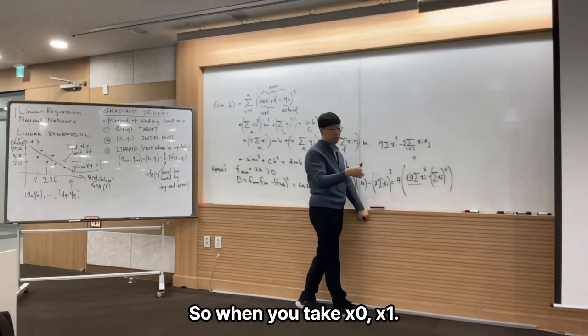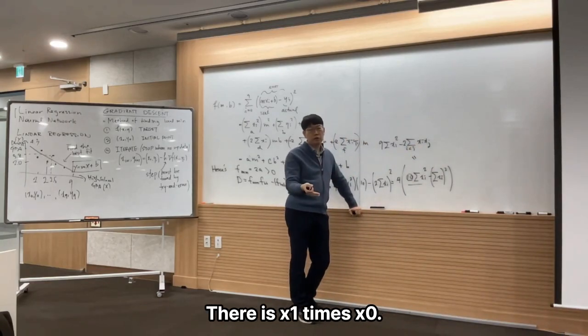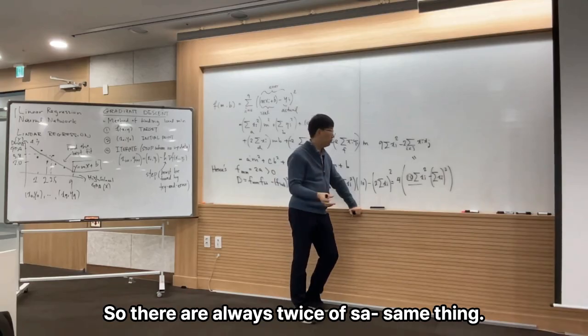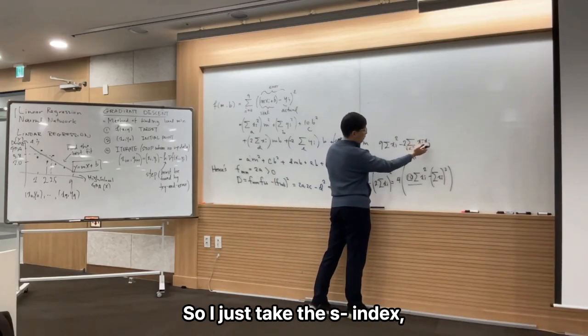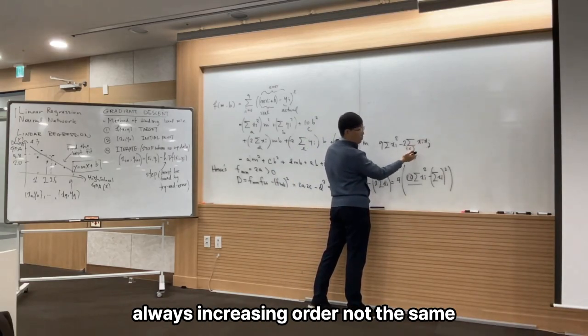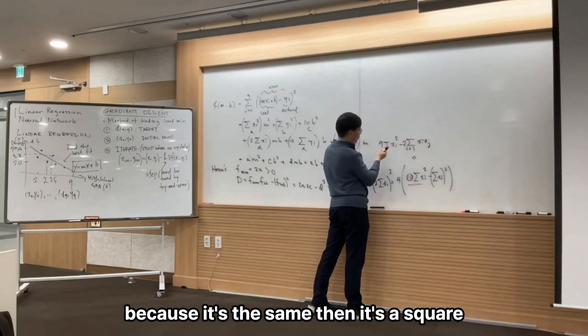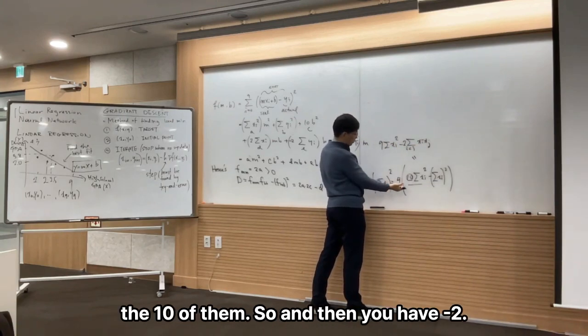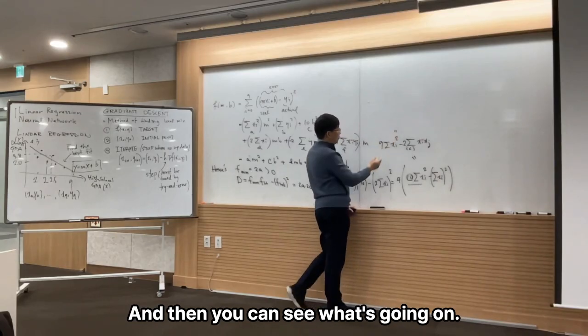So when you take x0, x1, there is x1 times x0. So there are always twice of the same thing. So I just take the index always in increasing order, not the same, because if it's the same, then it's a square already taken out from here, the 10 of them. And then you have minus 2. And then you can see what's going on.